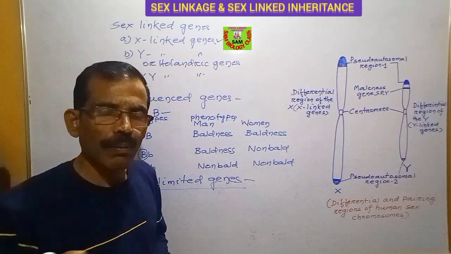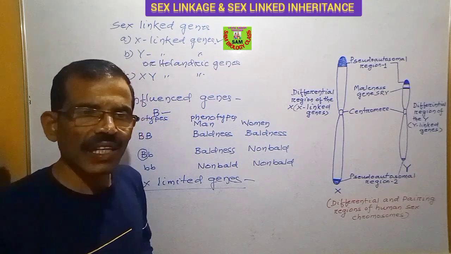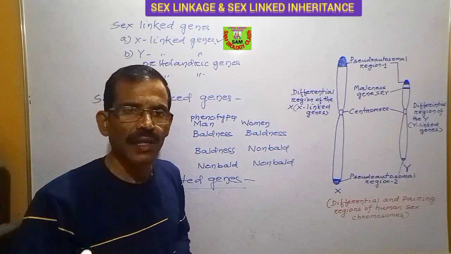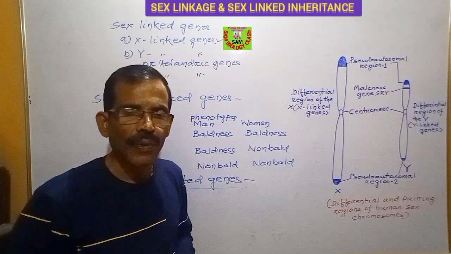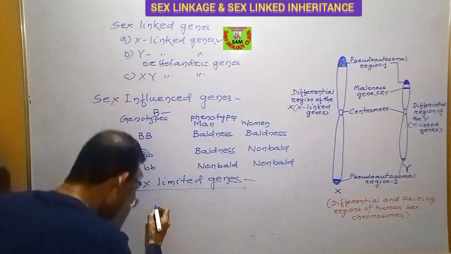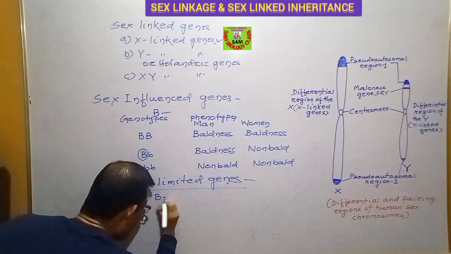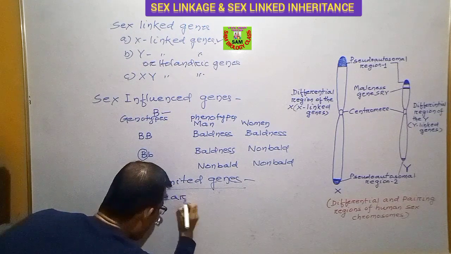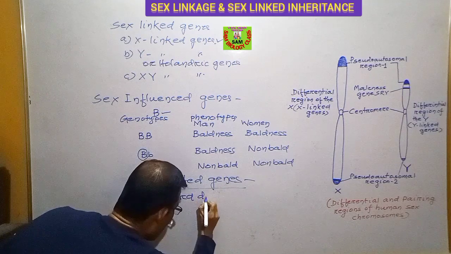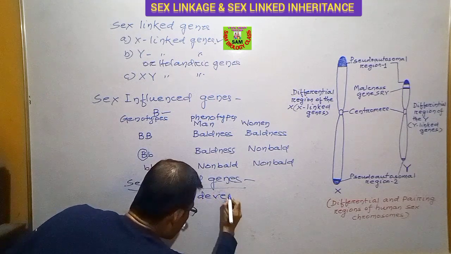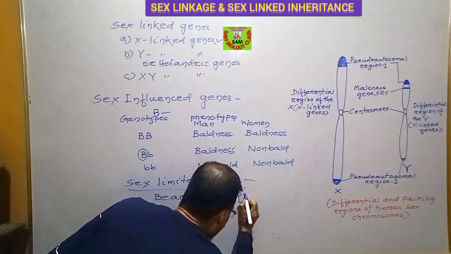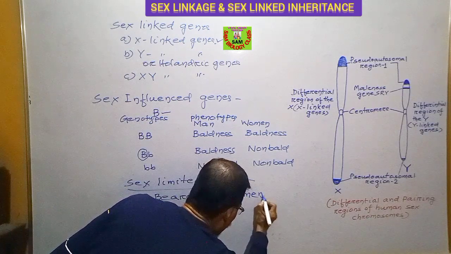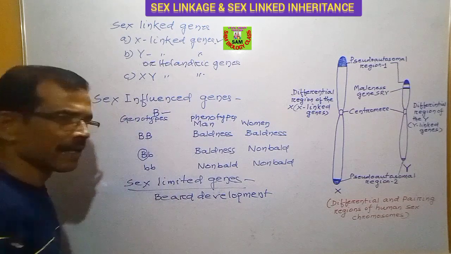The genes are mainly responsible for secondary sex characters in cattle, human beings, and fowl. For example, beard development is a sex-limited trait in human beings, as men normally have a beard, whereas women do not.